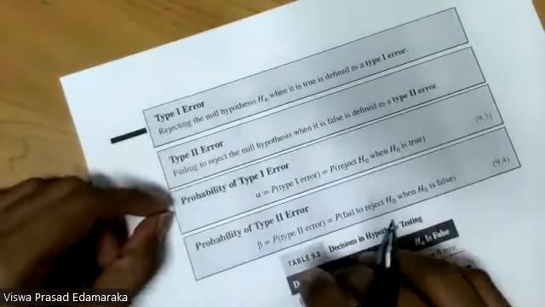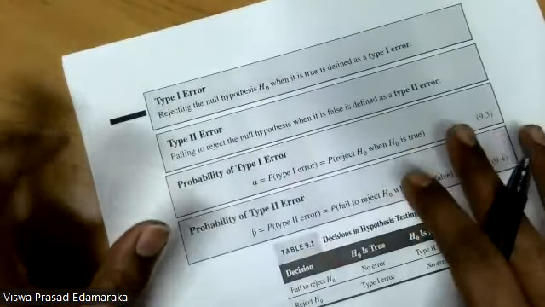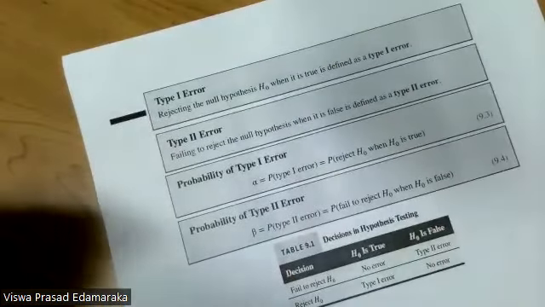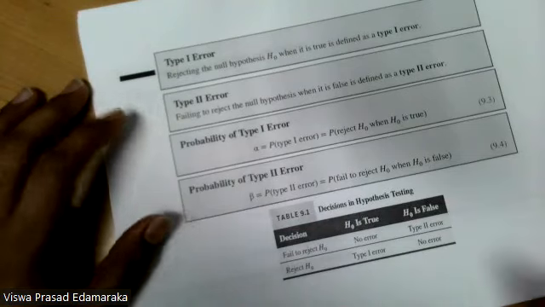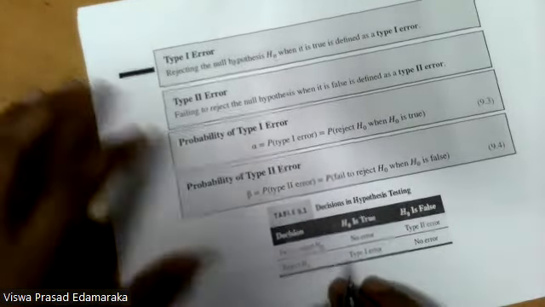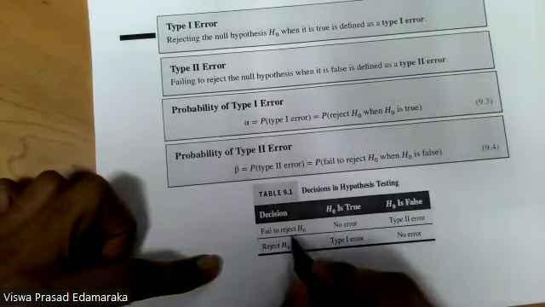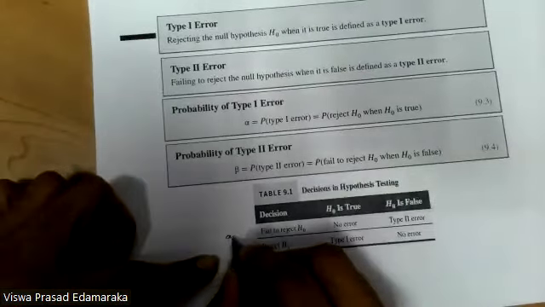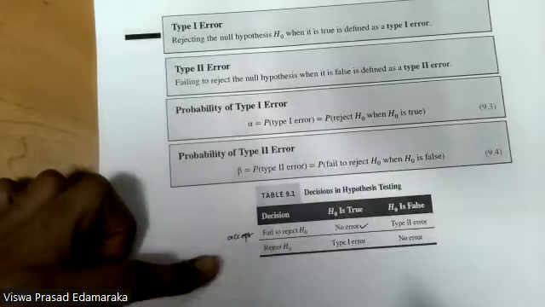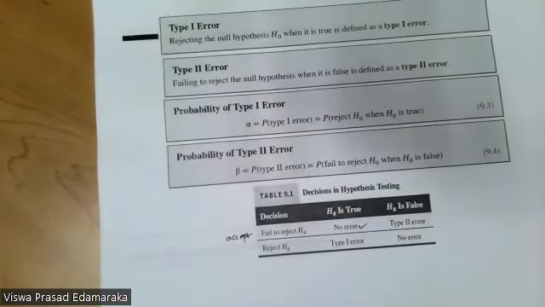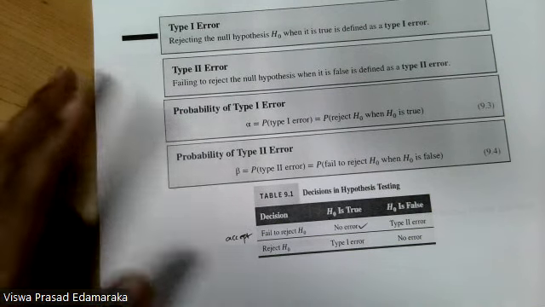This will not be useful in 512, but I'm just defining what is type 1 error, type 2 error. If you understand this table, if null hypothesis is true and you fail to reject, that means you accept it, then no problem. If null hypothesis is true and you are accepting, there is no error in that.